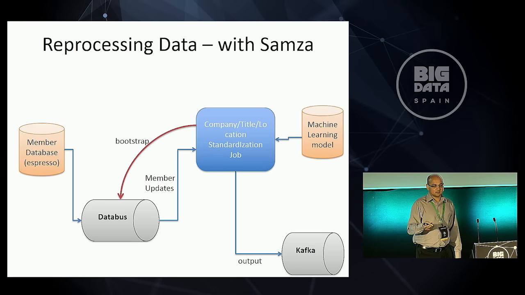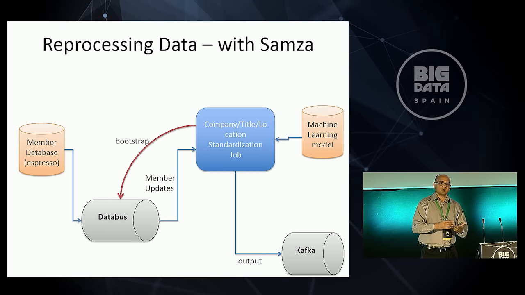Without this capability, the only way you would deal with this would be, in Hadoop, with Lambda architecture, you would reprocess the entire change set, and now you would have your hot path only deal with incremental updates. So this is a way for us to merge your hot path processing and also your reprocessing when you have to do that.